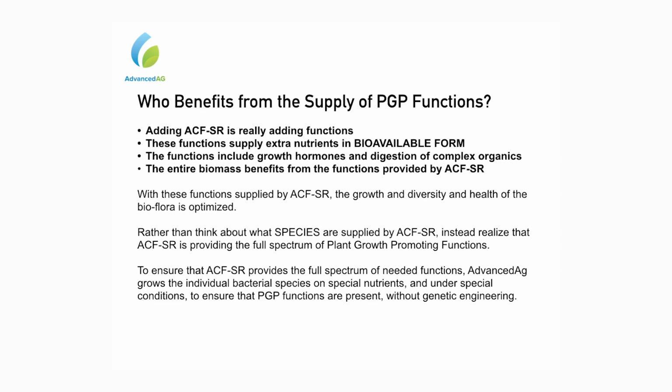I mean, we know what they are, we can count them, but what we're really adding is the functions. And those functions provide extra nutrients, whether it's simpler organic compounds or fixed nitrogen or more available P. Who or what is going to take advantage of that?